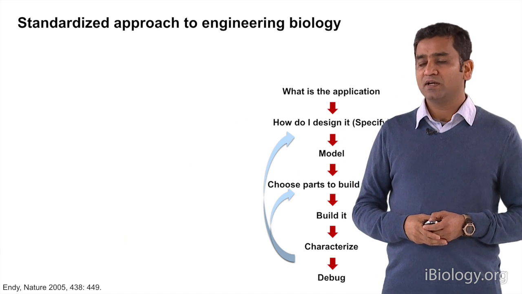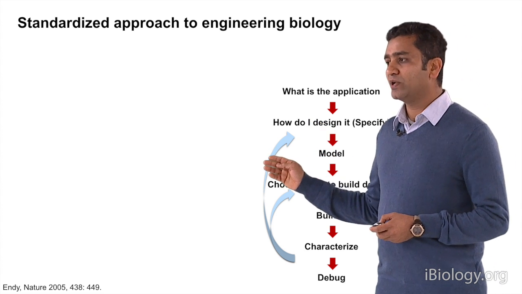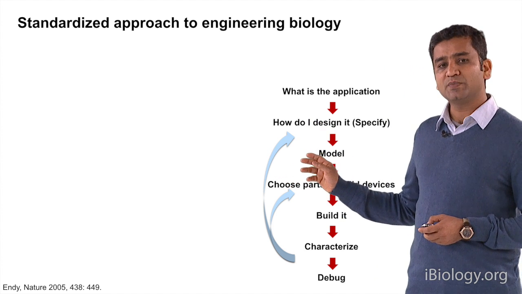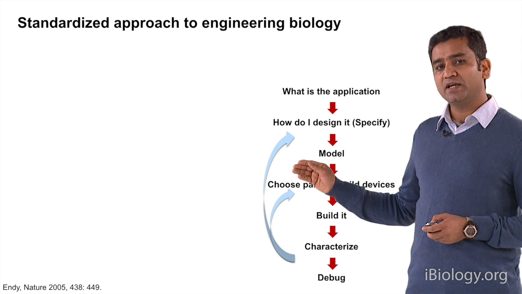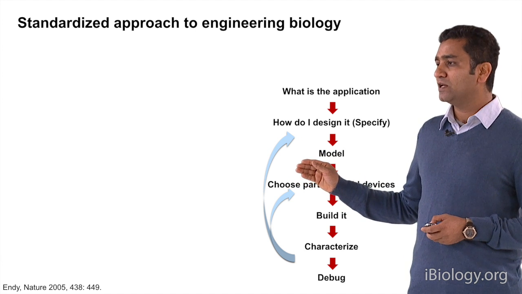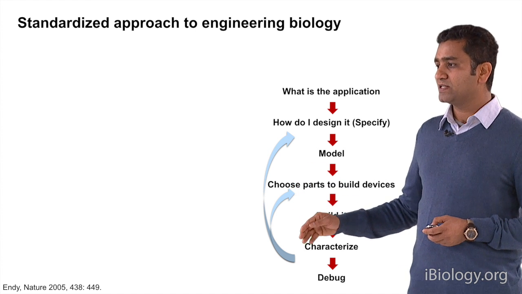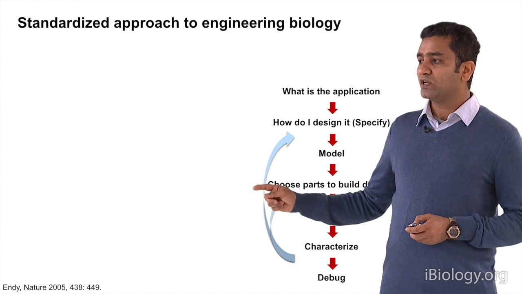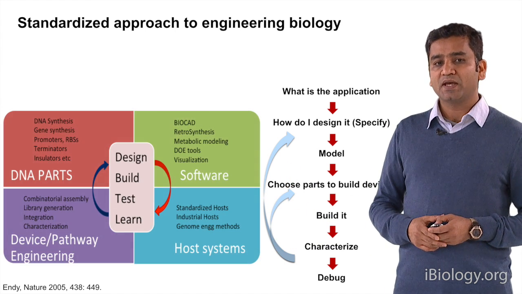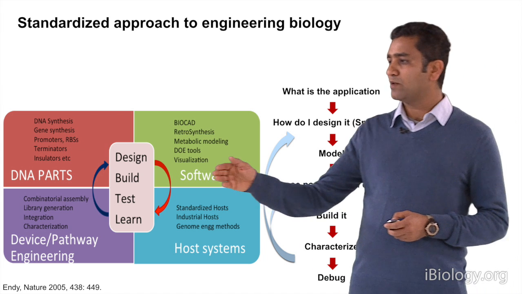So if you see it in a simple way, if I define an application, the question should be, how do I design it? What specifications are necessary? How do I model it in a computer such that I know what I'm designing, and then choose the parts and then build them. After that, we characterize it and we debug. And based on that, we can actually find out what step we need to debug. As you can see, the design, build, test cycle that I'm mentioning here is pretty much the same for all of these things.